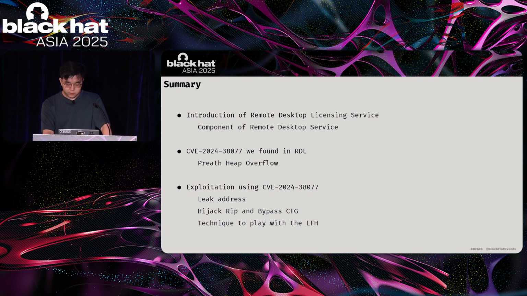Next, we walked through the exploitation process step by step, covering how to leak memory addresses, hijack execution flow, and bypass Control Flow Guard. We also discussed techniques to increase the success rate through heap spraying, ensuring a more reliable exploitation. Finally, we showed the successful pre-auth RCE exploitation on Windows Server 2025.